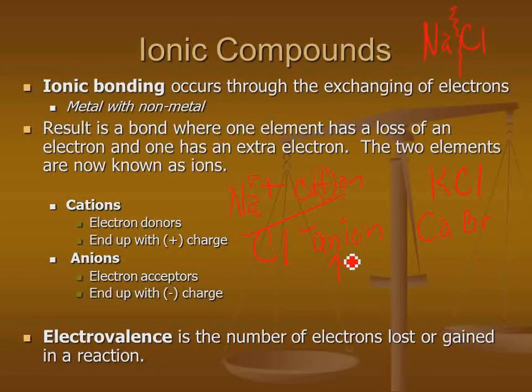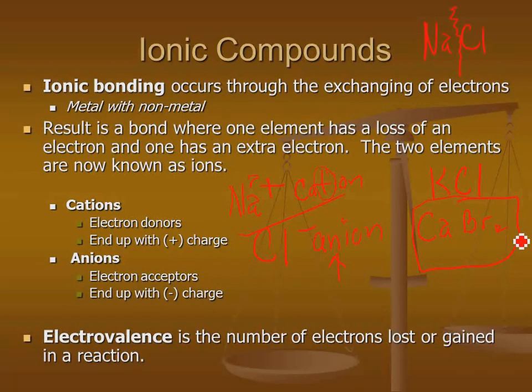There is this idea that the number of electrons lost or gained is something we call electrovalence. In this case, the electrovalence would be 1, because one electron was given up and one electron was accepted in this marriage. In the case of calcium bromide, which should be CaBr2 actually, calcium is in the second column and bromine, I believe, is in the 7th column.